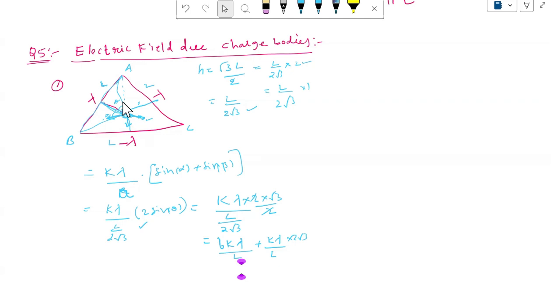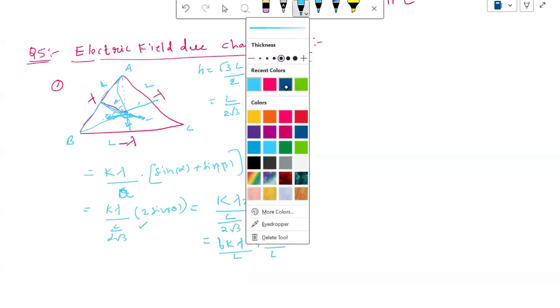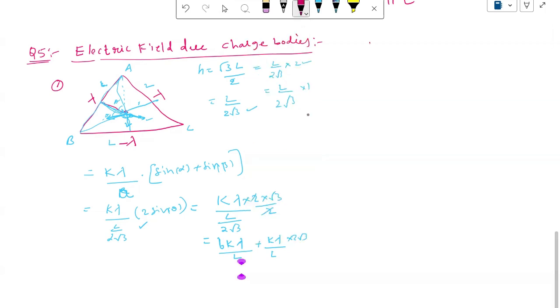In this model, another example: consider a U-shaped rod, like this. These two are infinite rods and there is an arc like this.